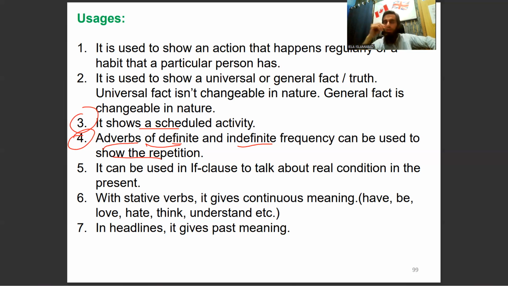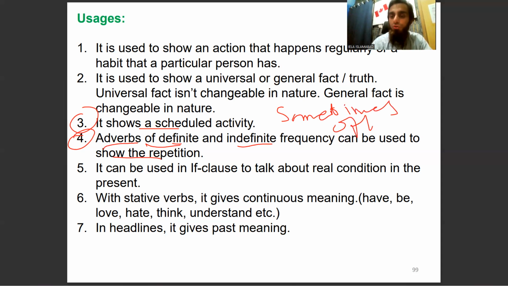Usually I study in the morning. Now usually, sometimes, often, these are also used in present simple tense. Whenever you use sometimes or often, we should always use present indefinite tense. You understand?